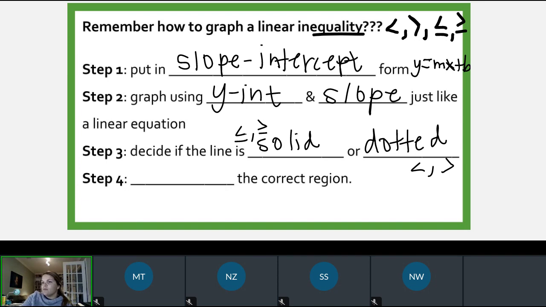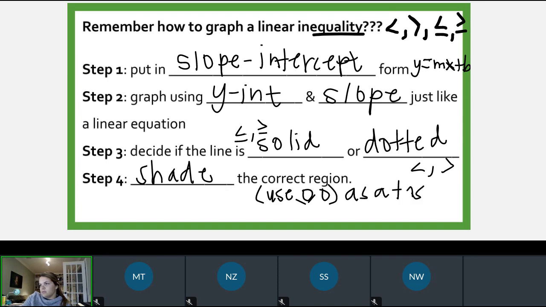And then lastly, with inequalities, we have to shade above or below the line. And to do that, we use 0, 0 as a test point. All right, I'm going to pause for just a second so you can finish writing these steps down.